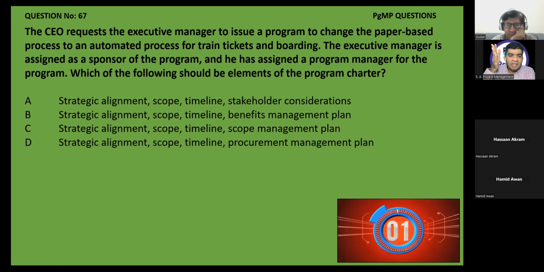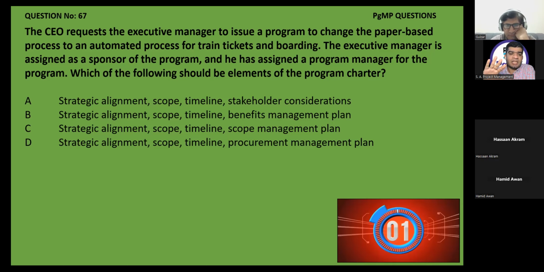Okay, so even if any question comes and asks you about elements of either the program business case, program charter, or program roadmap, just keep in mind that at that moment we don't have any plan with us. I repeat, in the program formulation subphase, we don't have any plan at that moment, which implies every document prepared in the program formulation phase can have everything except any plan.